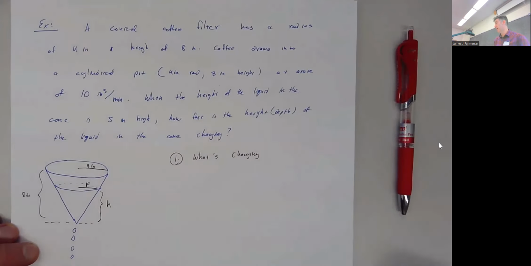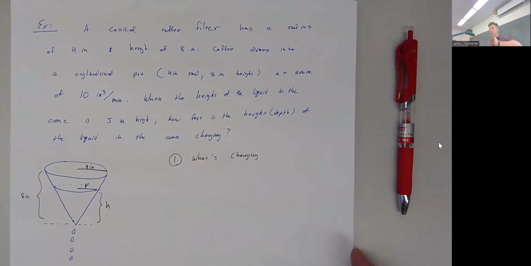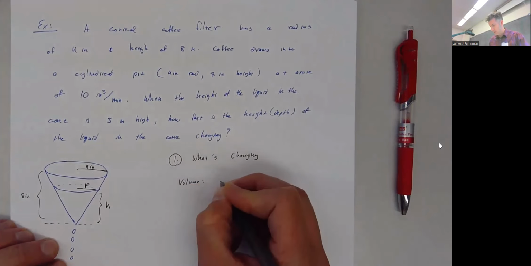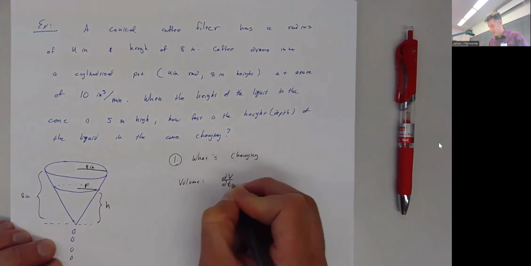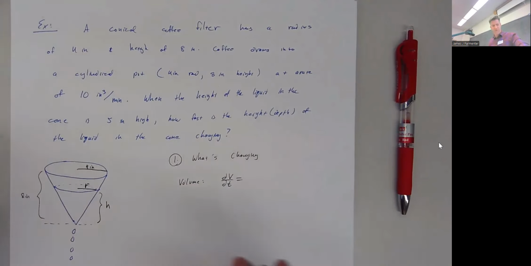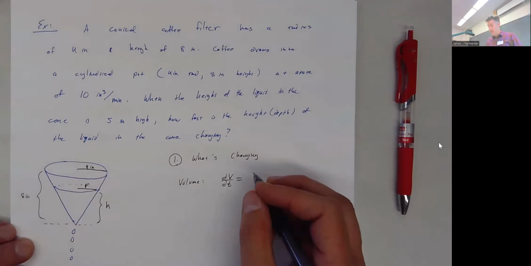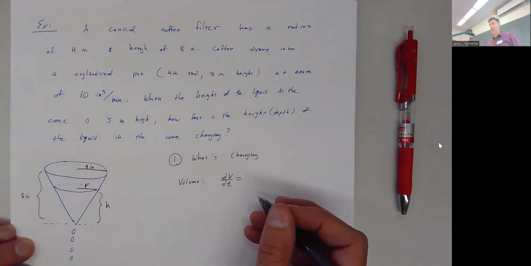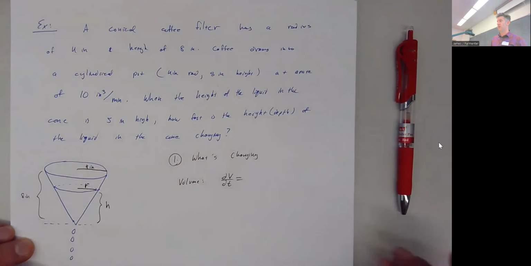This is a time where it's very important to be specific about what we care about. They told us how the volume was changing. So volume is changing, and we're told that the rate of change of volume is 10.